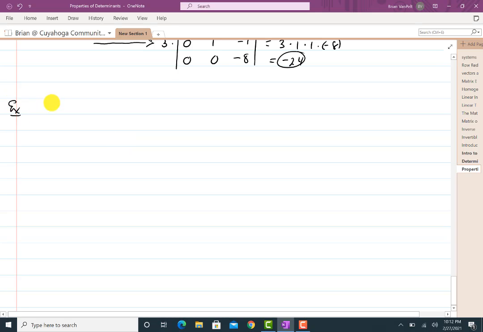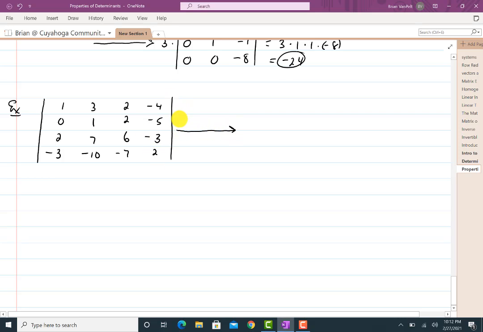What we got here is a 4x4. Okay, let me clean out the first column. All right, let's see what we have then. -6 plus 7, that'll be a 1 there also.